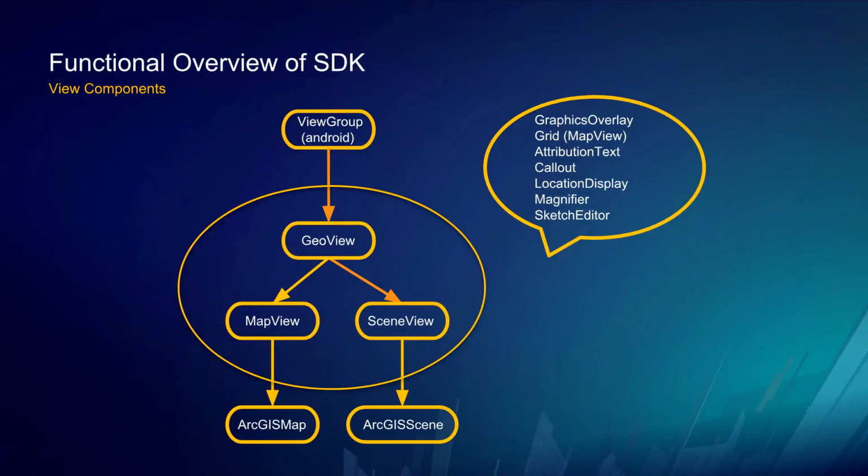Map and scene are the models that fit with the view in the MVC architecture. And we have other view components as well, like callouts, magnifiers, sketch editing, map view grids, and graphics overlays in our SDK.